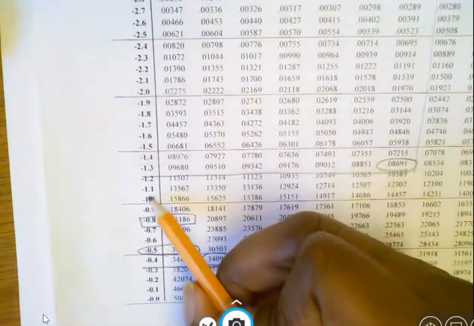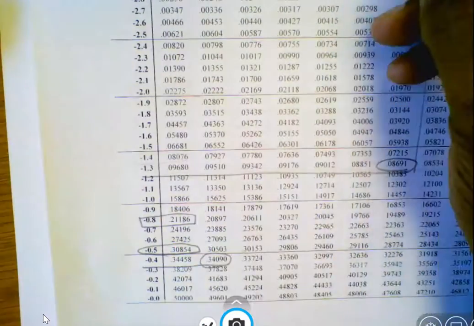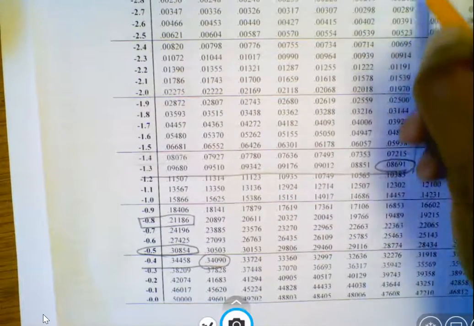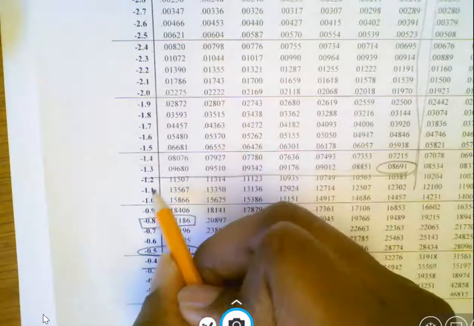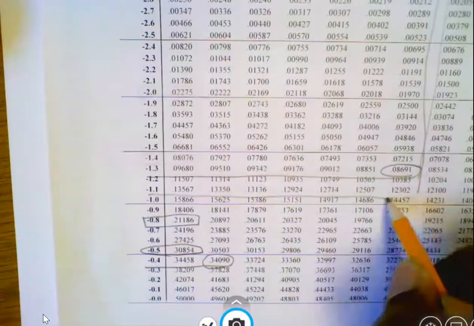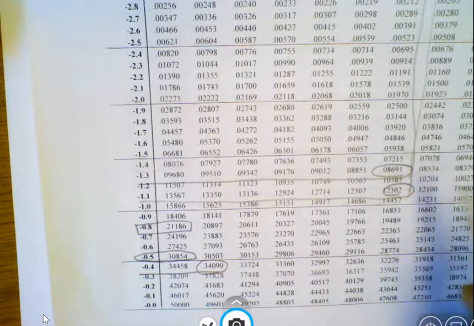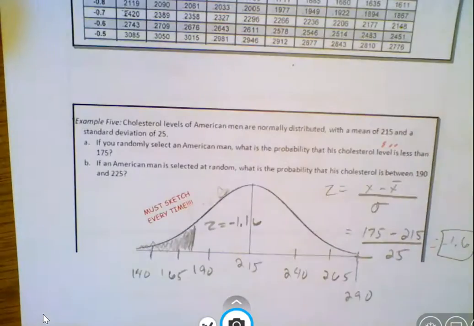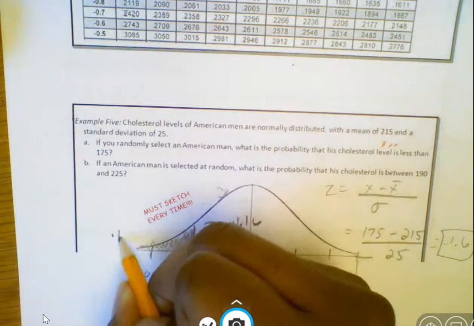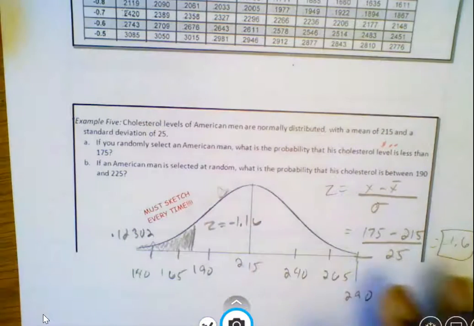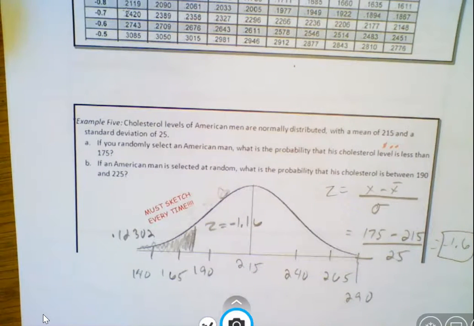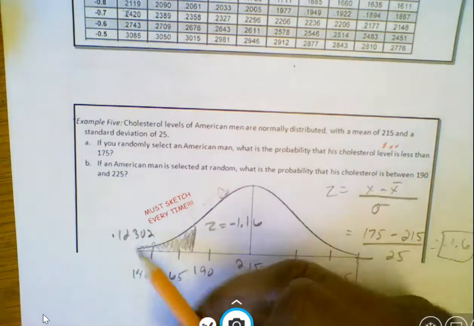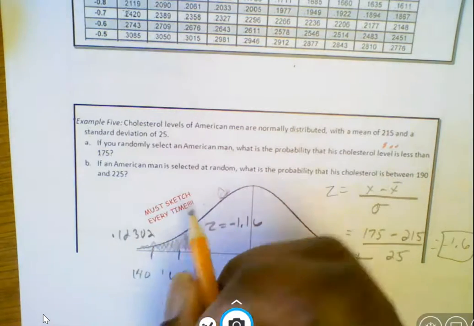And negative 1.6 is here. 0.00 is here. So that z-score is 0.05480. So that area is 0.05480.